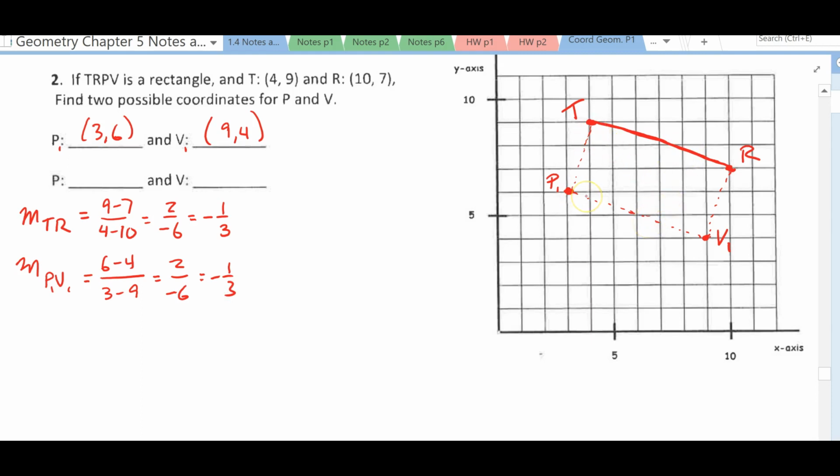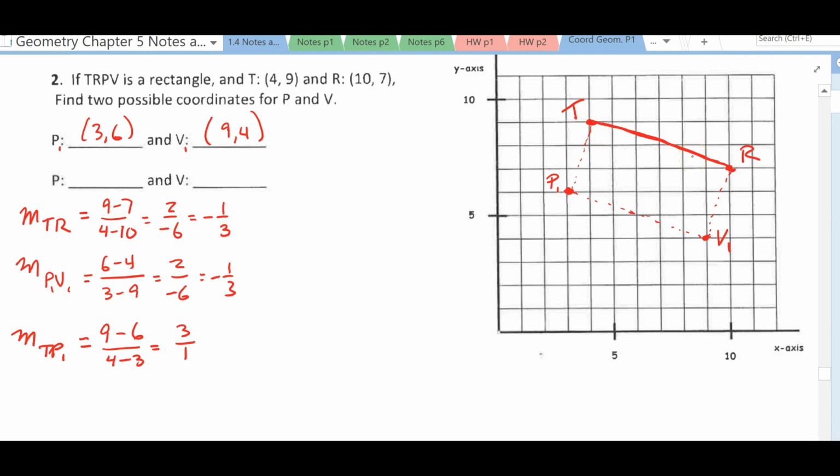Now let's check the other two slopes. The slope of TP1, so T and P: that's going to be 9 minus 6 over 4 minus 3. That's 3 over 1. That's good because these are opposite reciprocals, so we know that they're perpendicular. So TP is going to be perpendicular with TR.